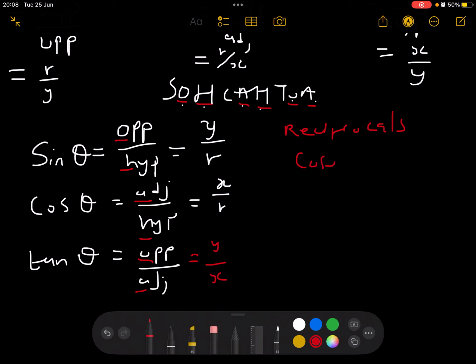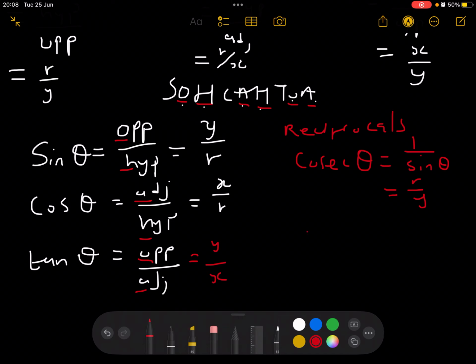Then they are reciprocals. We have cosec theta as 1 over sin theta, which is equal to r over y.